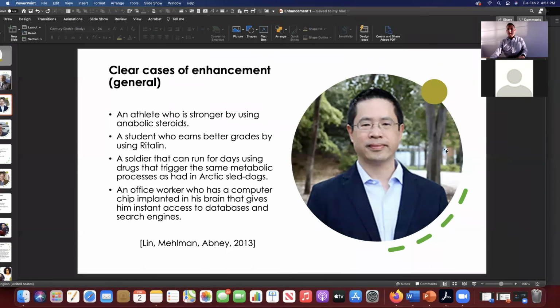Okay, so this is again Pat Lin. So clear cases of human enhancement generally: an athlete who is stronger by using anabolic steroids. And these are all examples from the Lin, Mehlman, and Abney 2013 report. The Greenwall report, not the Greenwood, the Greenwall report is what it's called.